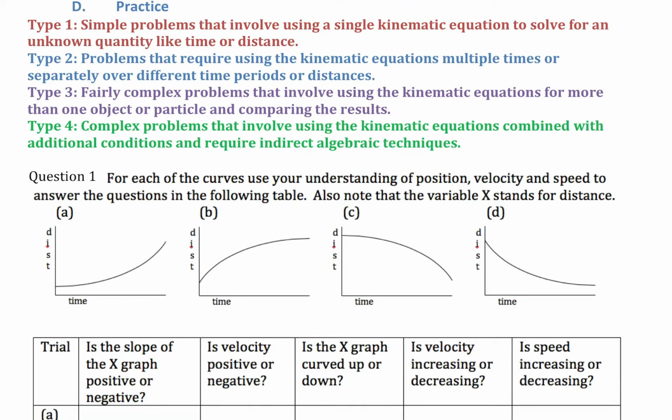Often it's simply a matter of setting the position functions equal to each other, but that still requires a conceptual step. And finally, the 4th type are complex problems that involve using the kinematic equations combined with additional conditions and require indirect algebraic techniques. I'll show you what I mean by that because I have one example.